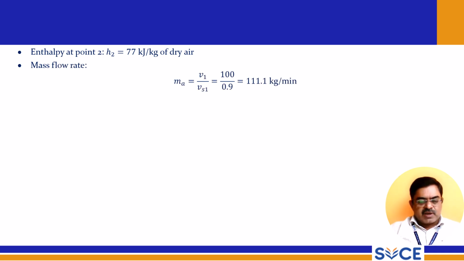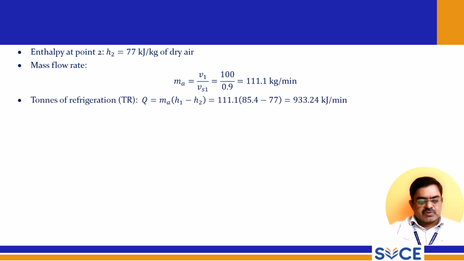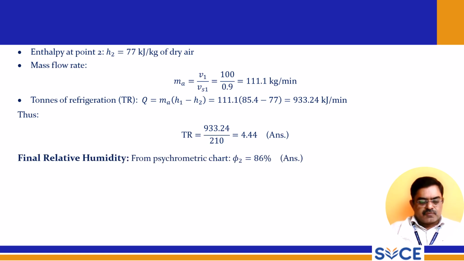Mass flow rate MA equal to V1 divided by Vs1 equal to 100 divided by 0.9, so 111.1 kg per minute. Cooling capacity Q equal to MA (H1 minus H2) equal to 111.1 times (85.4 minus 77) equal to 933.24 kilojoules per minute. So TR equal to 933.24 divided by 210 equal to 4.44.